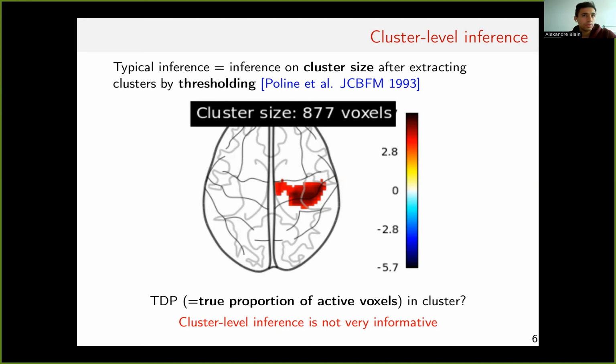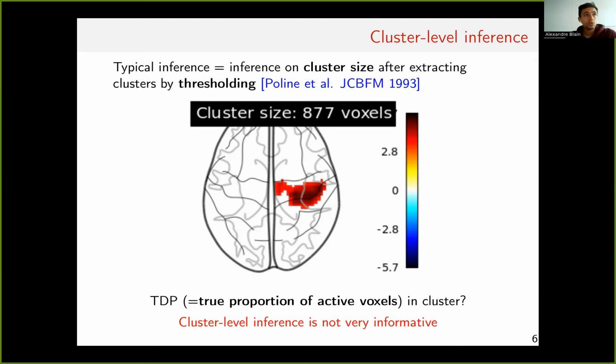But of course, when you're dealing with clusters that comprise a few hundreds of voxels or even thousands of voxels in modern MRI images, you're really not saying much with regards to the extent of the signal within the cluster. So this is a problem, actually. Another way of formulating the same question is to look at the TDP, which is the true proportion of active voxels in a cluster, a more informative answer to this question.